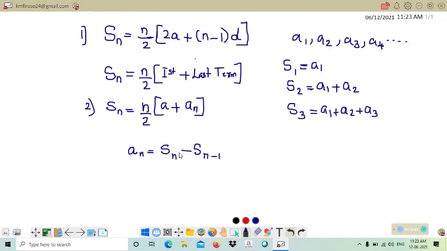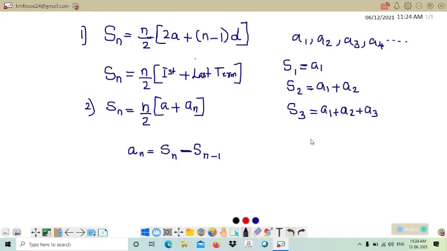If you have Sn and Sn minus 1 and apply them in this equation, you will directly get the nth term of this AP. So this equation also you can use according to the question.